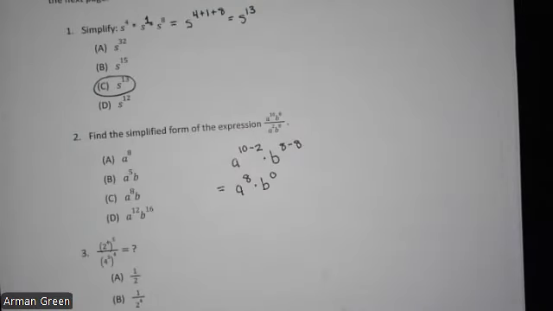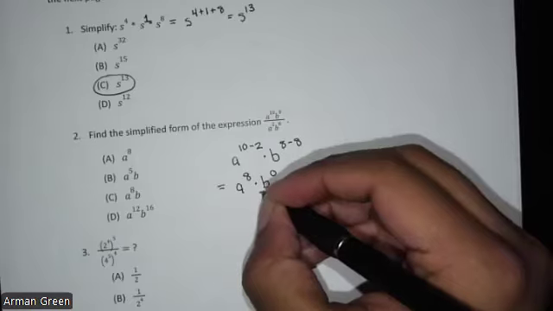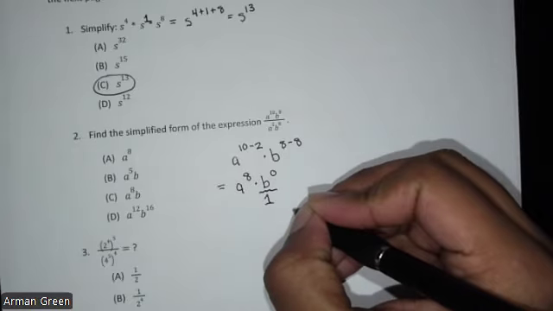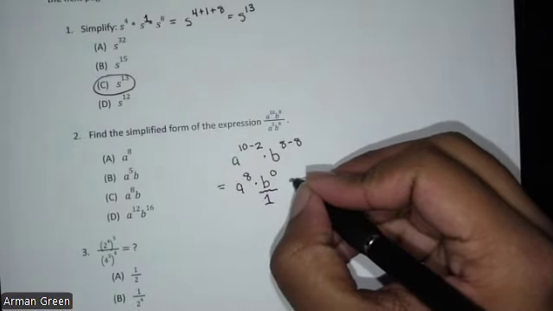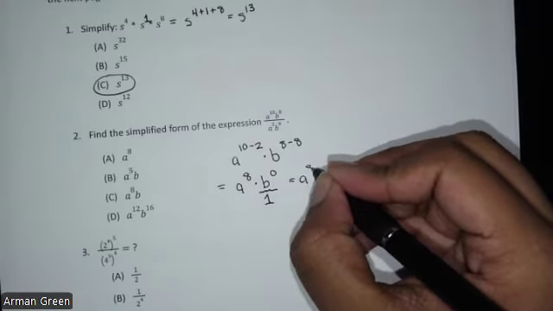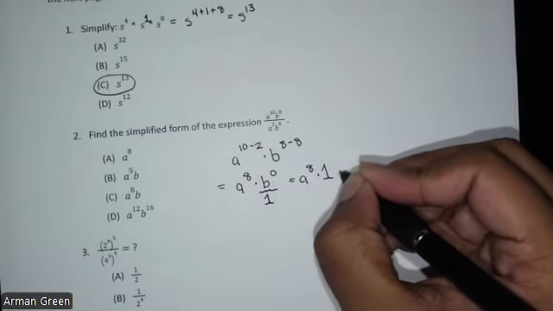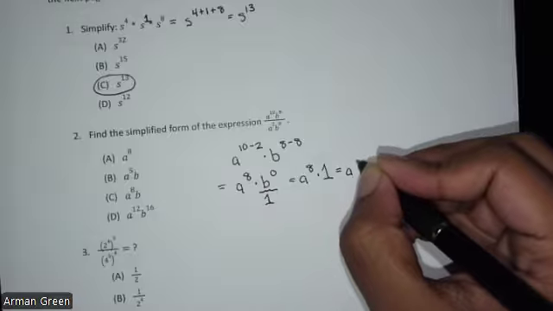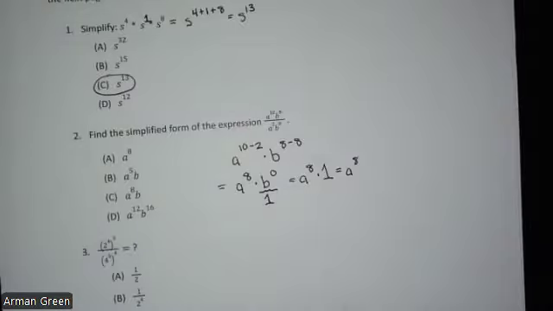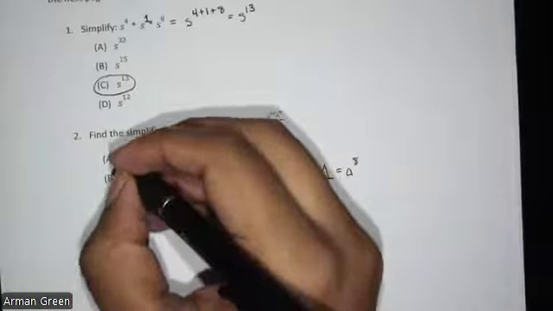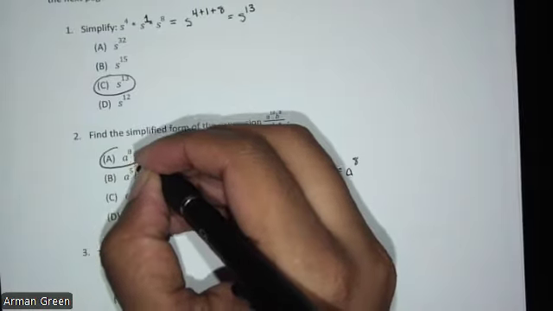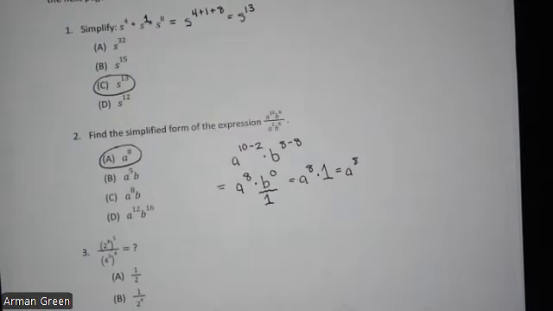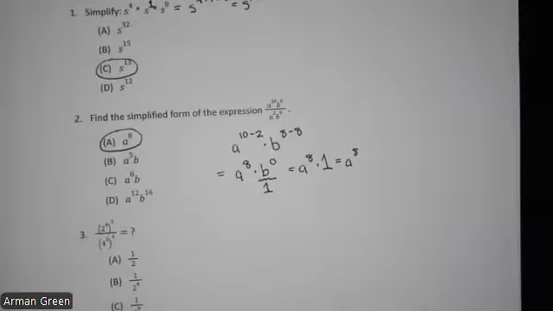So this part is nothing but the number 1. Really what you have is A to the power of 8 times 1, and anything multiplied by 1 is just itself. So for number 2, our answer is going to be answer choice A.